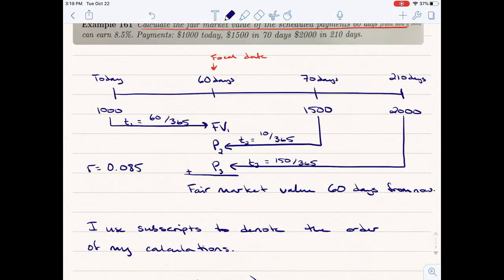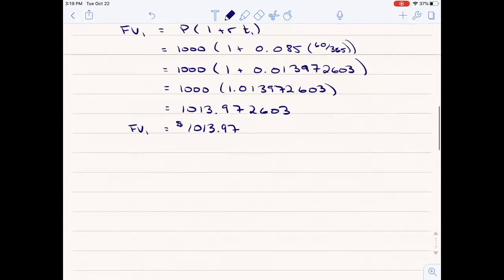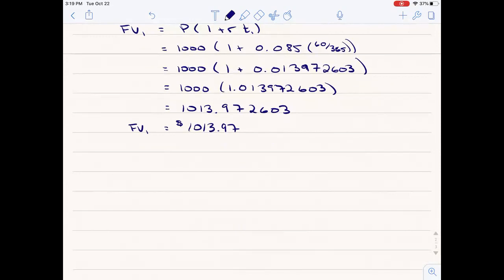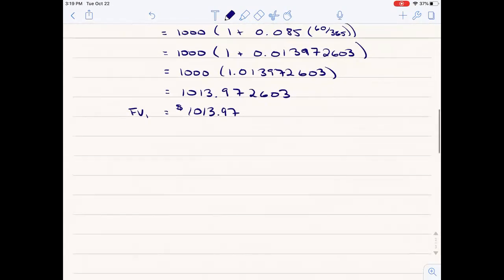But then I'm kind of prepaying these, so I don't have to pay as much, because you have to give me back that interest that I was supposed to be paying. So future value 1 is $1,013.97. How about P2?